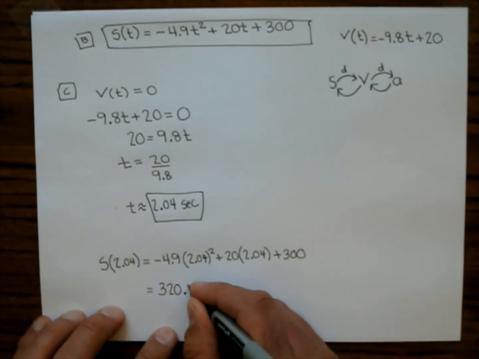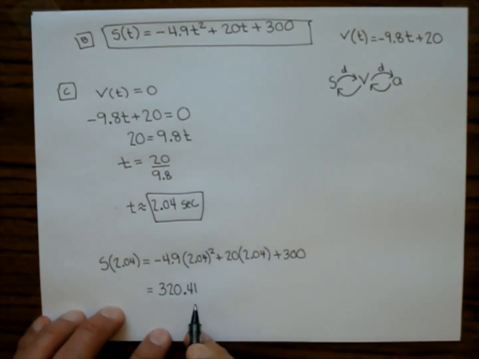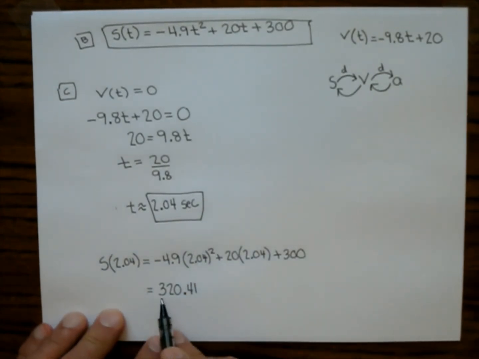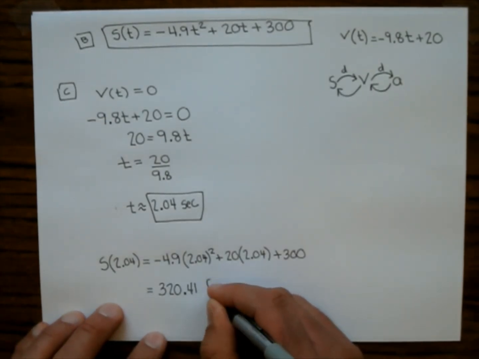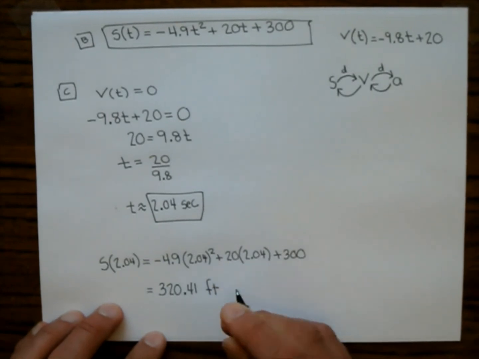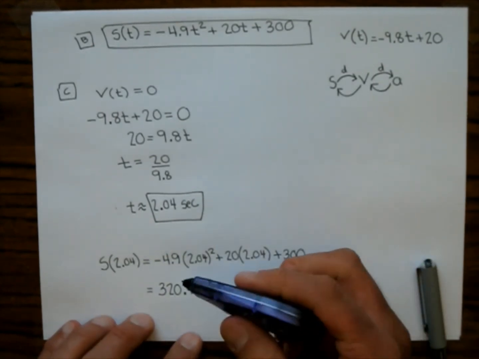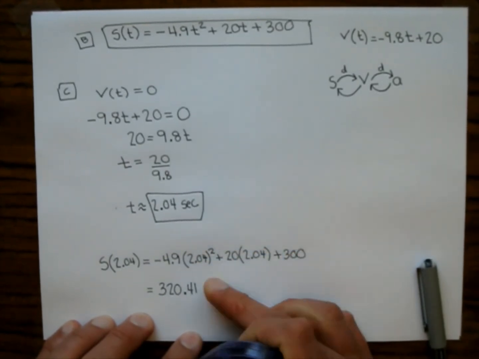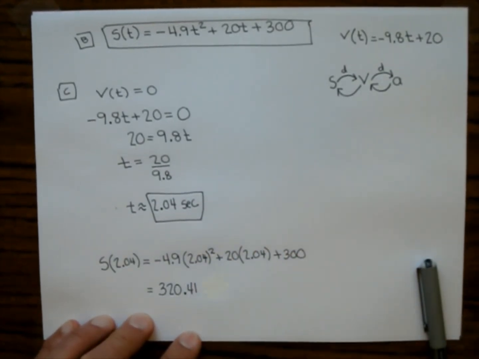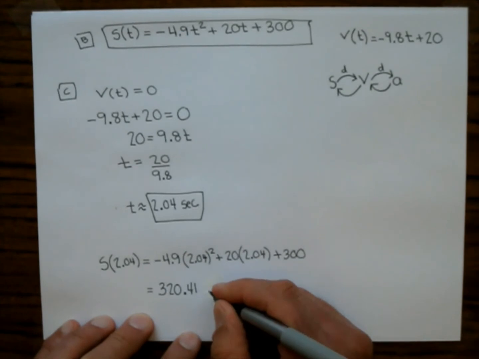So it's going to be 320.41 since we're rounding to 2 decimal places. It says, what is the height? So we better put units on this. The height is not feet. The height is meters.